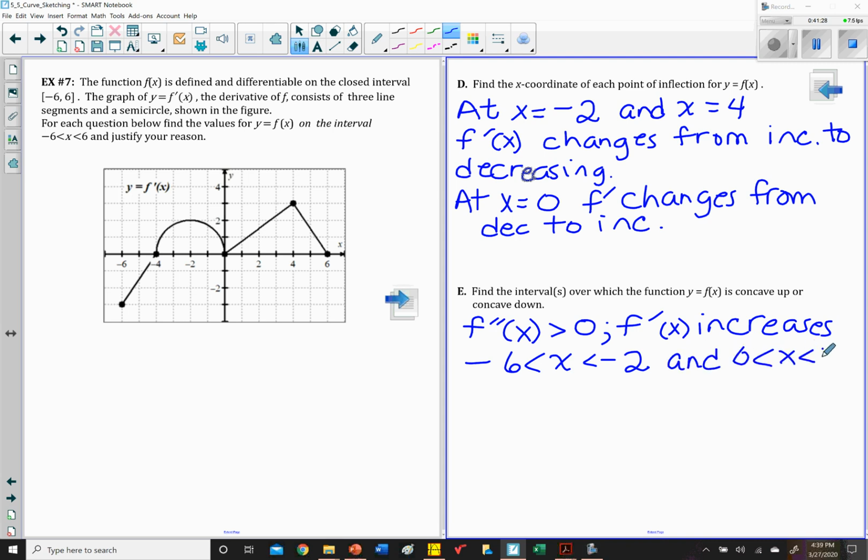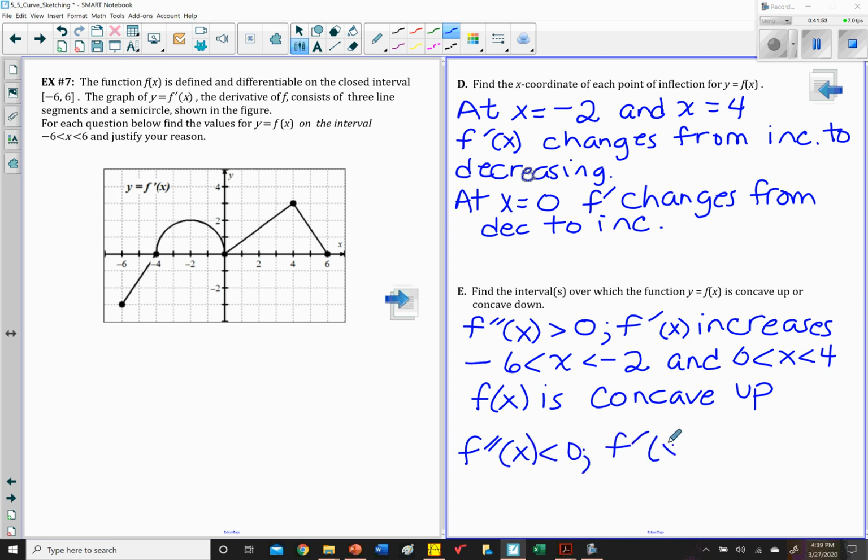0 to 4. And then the concave down, wait, we got to write that up. F of x is concave up. And then the second derivative is negative because the first derivative is decreasing.